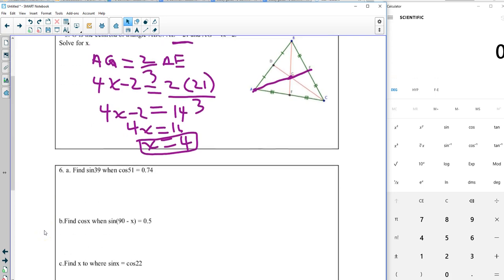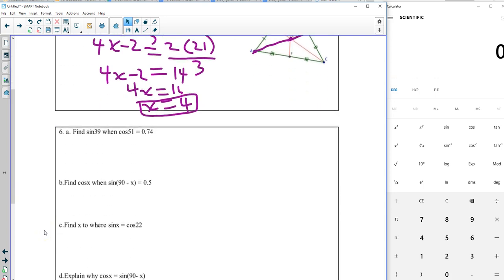Okay, on this problem, they're talking about complements. Complements means that the two numbers, 39 and 51, add up to 90. If they add up to 90, then the sine of one is equal to the cosine of the other. So sine of 39 equals 0.74 also, because they are complements.